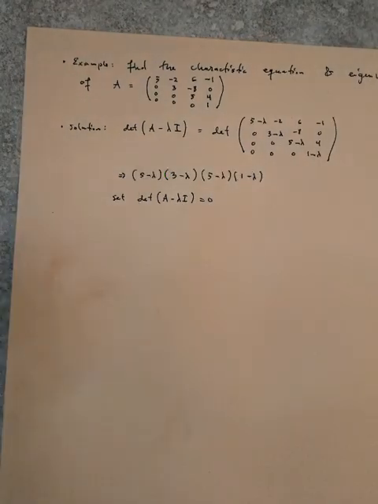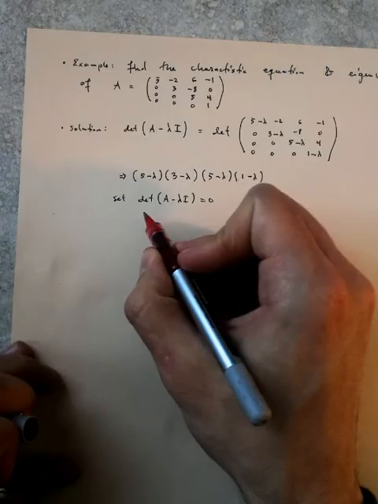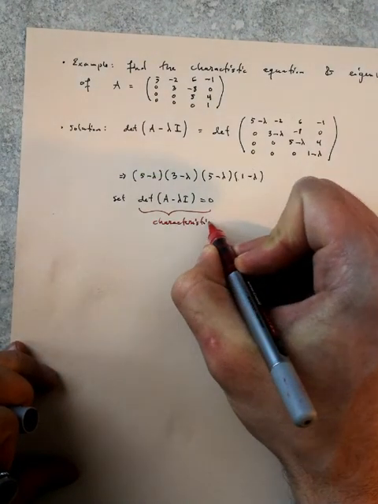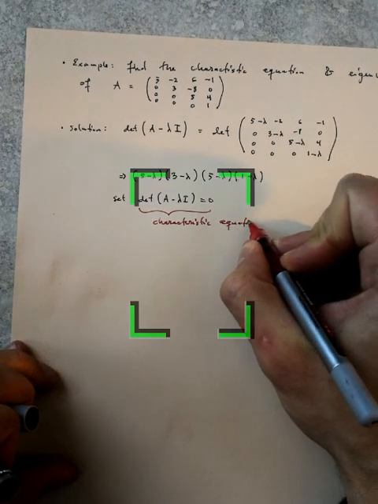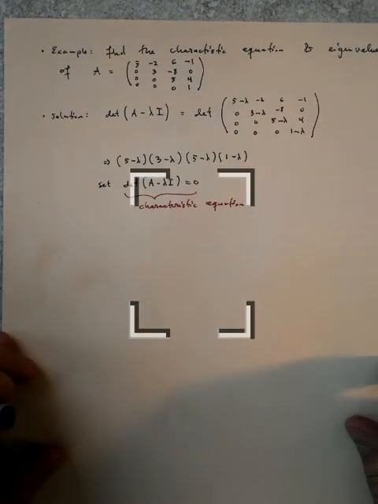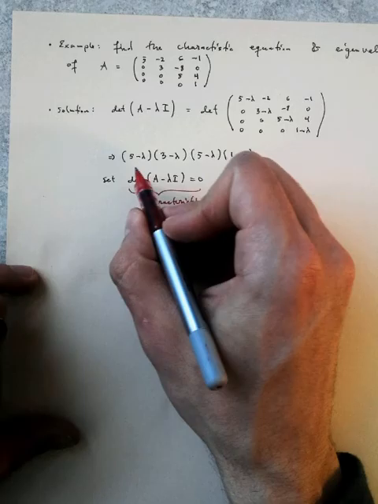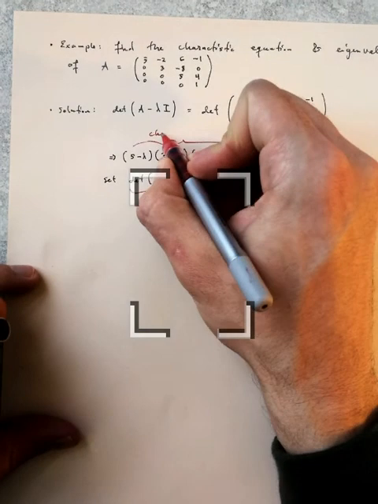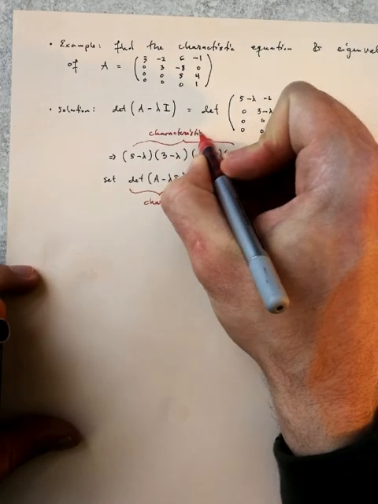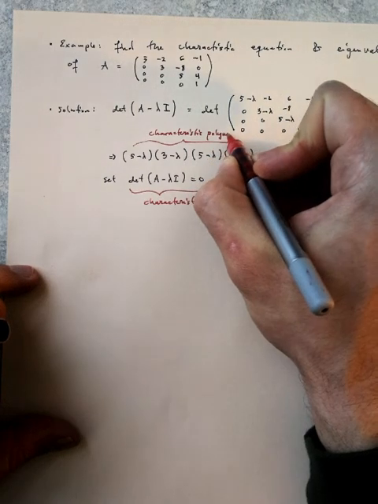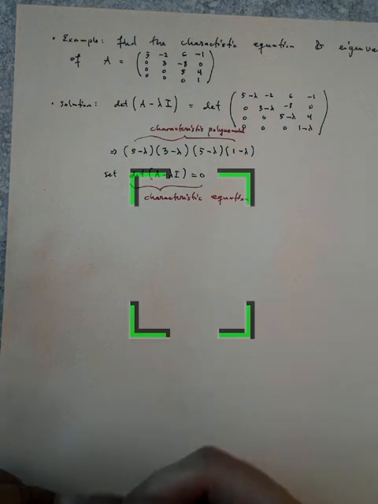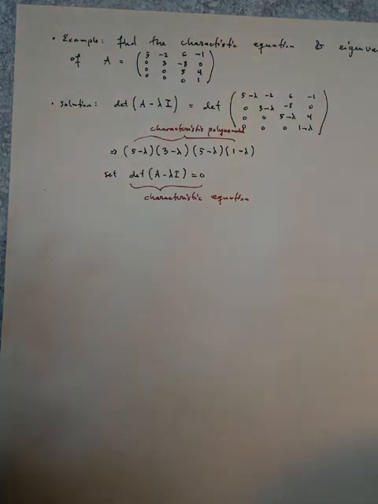So this is the characteristic equation. Right? And this here is a polynomial.